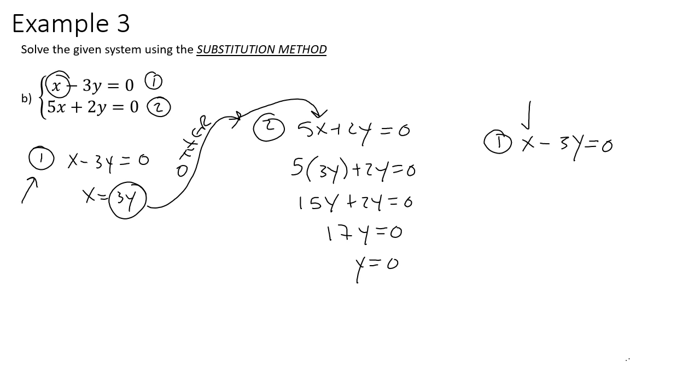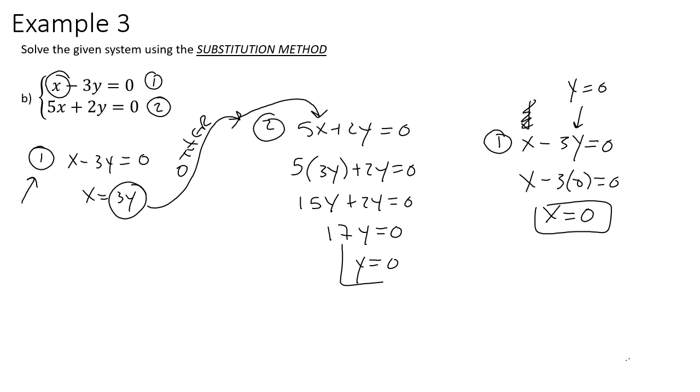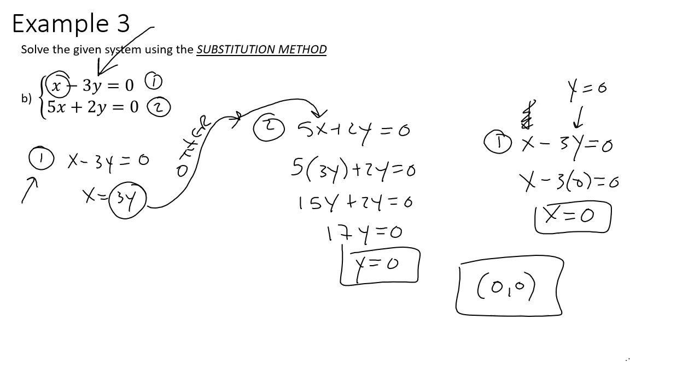And I'm going to let y equal 0. And x is also 0. So we can write our answer like that, or we can write our answer as an ordered pair. Thus, if we were to graph that system, solve for y equals mx plus b, and graph those two lines, we would find that they would intersect at the origin.